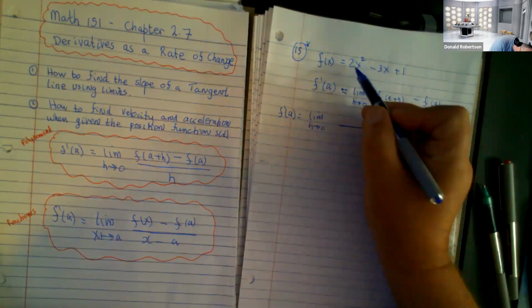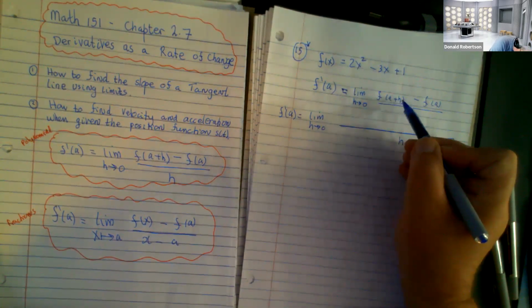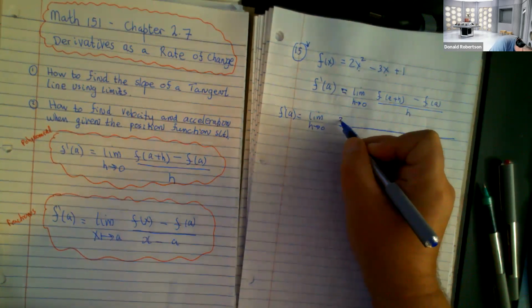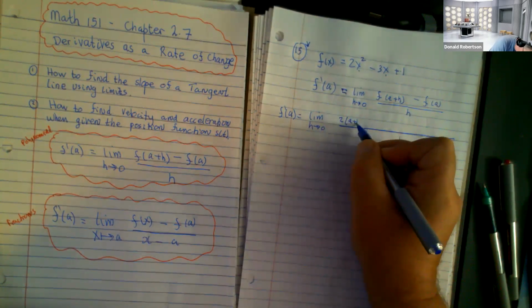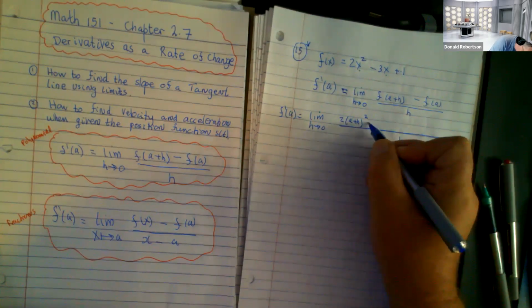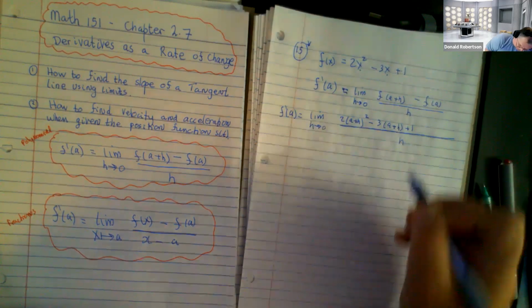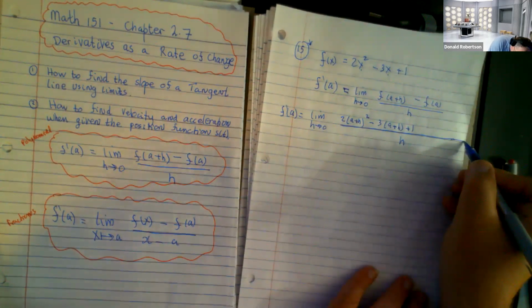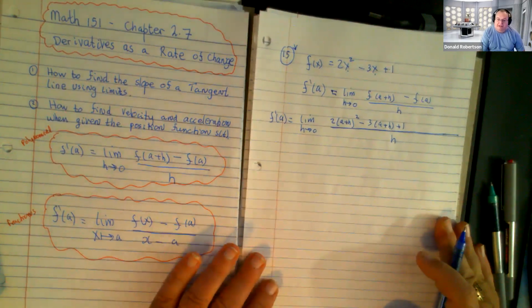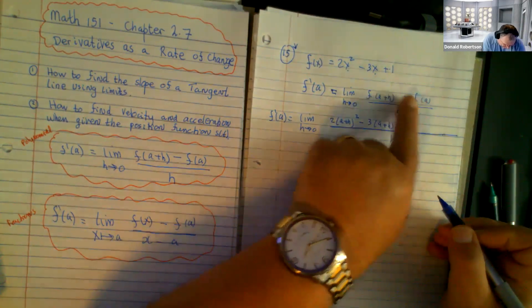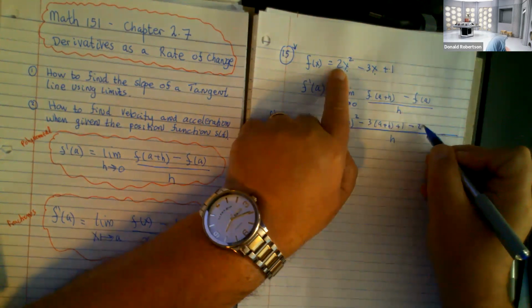If you want to find the value of the function at a plus h, this and this gets replaced by a plus h. So you have 2 lots of a plus h squared, take away 3 lots of a plus h, add 1. And I am about to do a deliberate mistake. Take away f of a. Well, just replace a's here.